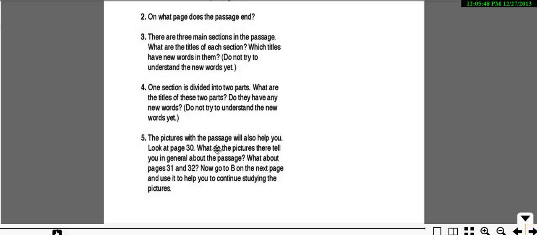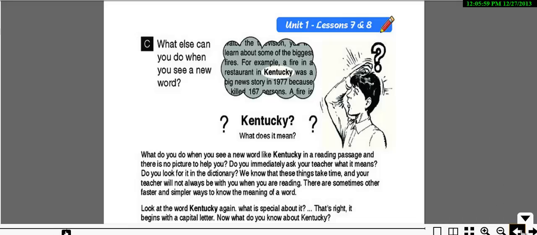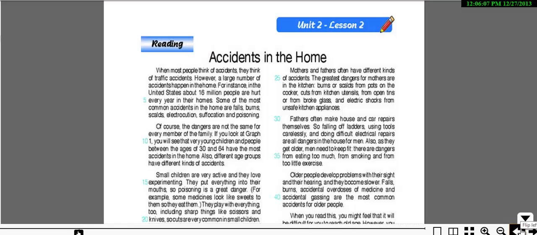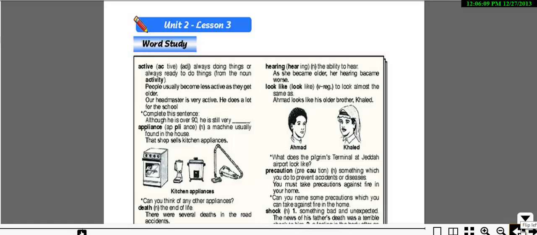The pictures with the passage will also help you. Look at page 30. What do the pictures there tell you in general about the passage? Oh, it took me a lot of brain to get to this. Well, this means one thing, you know. The passage starts in Unit 1 and it continues up to Unit 2. See, there are 3 pages.